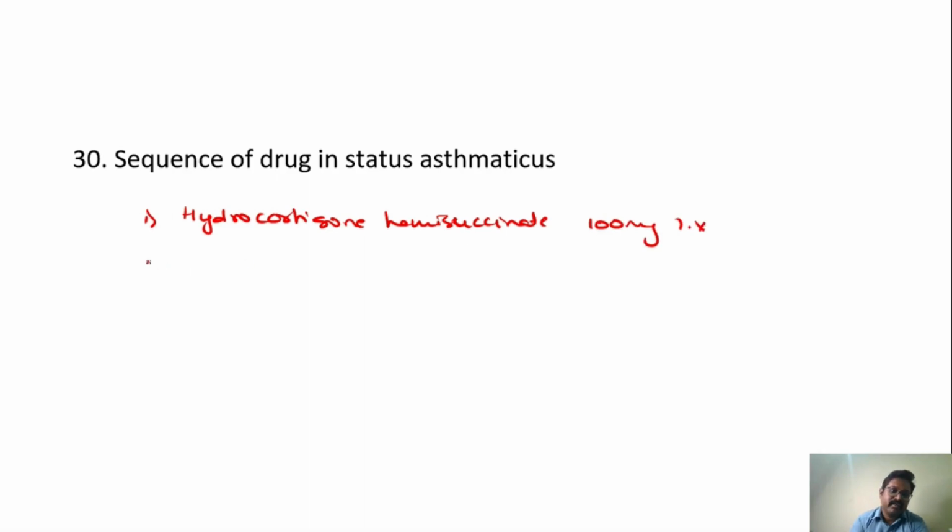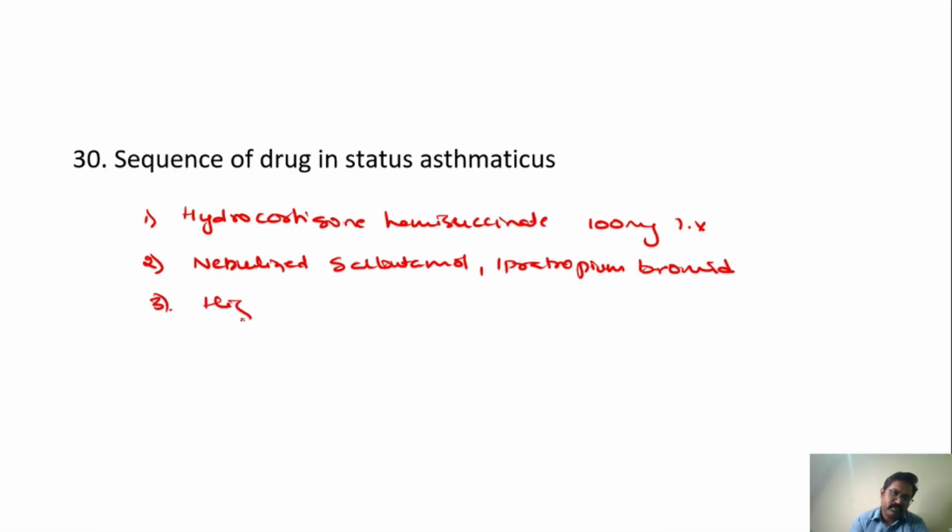It can be repeated further. Next, go with nebulized salbutamol as well as ipratropium bromide. Then you give high flow oxygen supply.